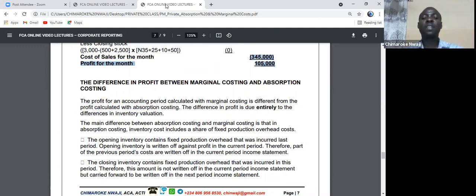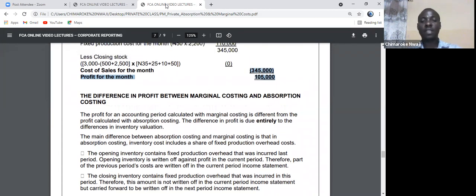Now, inventory in absorption costing, that is the closing stock or the opening stock, includes a share of the fixed production overhead costs. Looking at it critically, the opening inventory will contain fixed production overhead that was incurred last period.